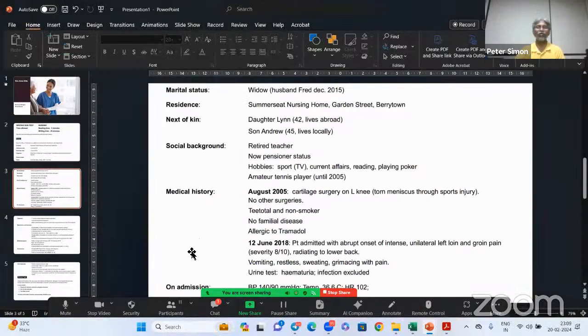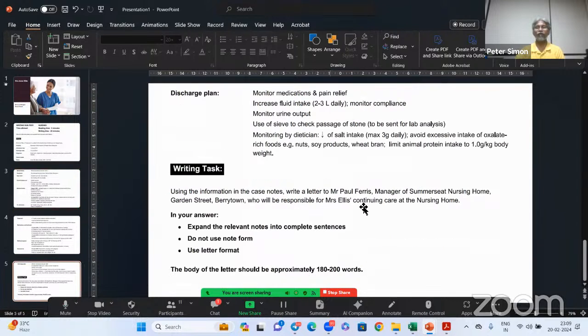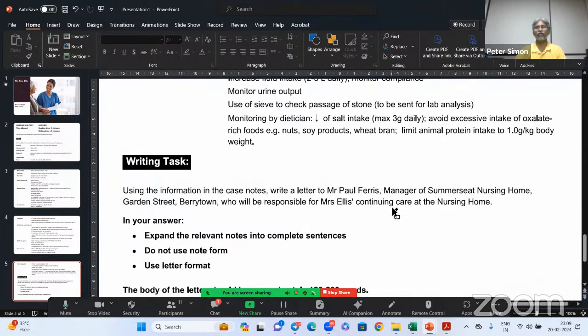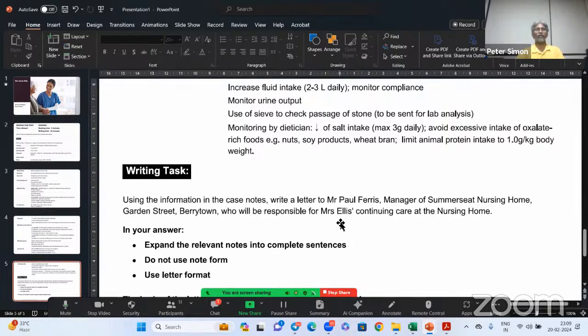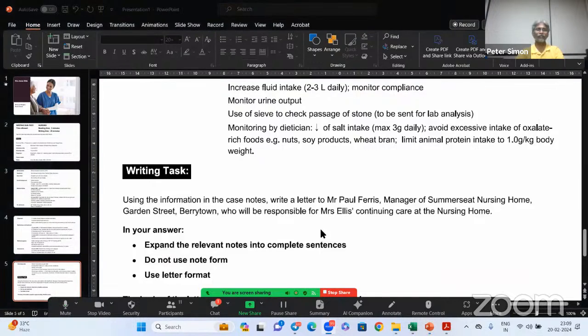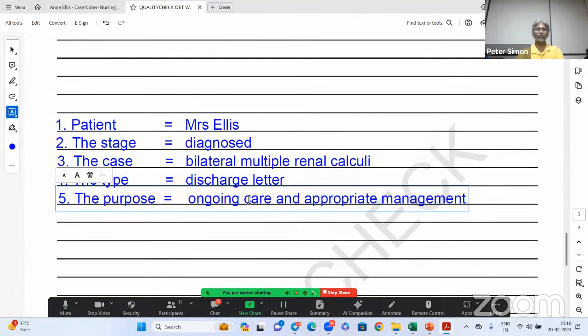You have to write for what? Ongoing care, continuing care, or ongoing care. So what is it written?